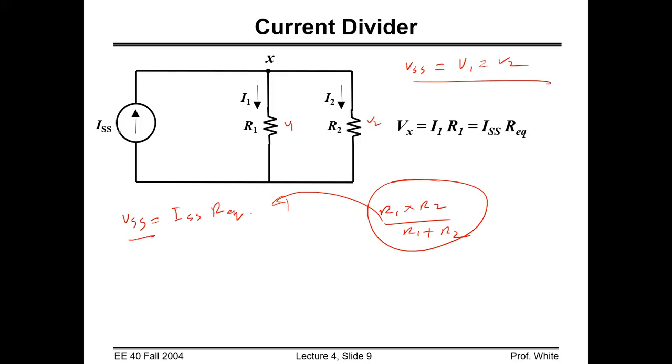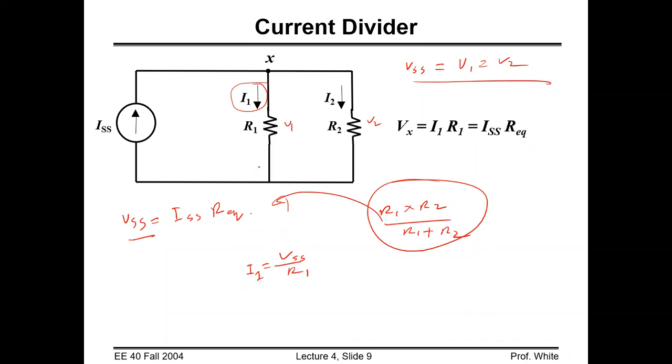Once this voltage is found, this voltage is the same. Now the current I is equal to V by R. So I1 is equal to VSS by R1.